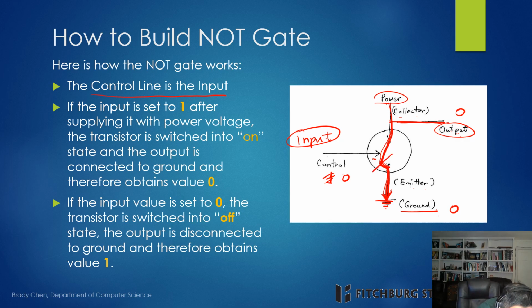If it is disconnected, the collector side will have the value 1 because it's connected to the power source and it's not grounded. So this is going to be 1. So if the control line is 0, then the output is going to be 1. If the control line is 1, the output is going to be 0. This way, we actually build the NOT gate using one transistor.